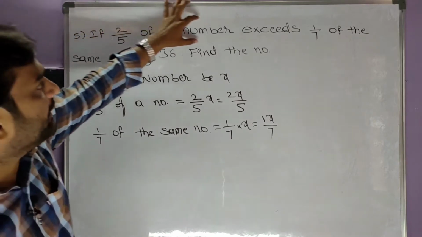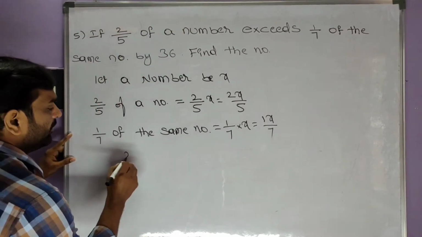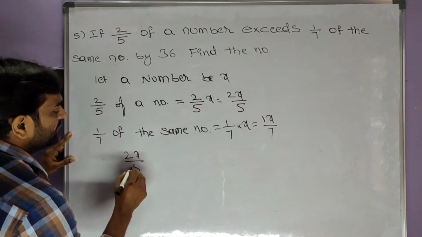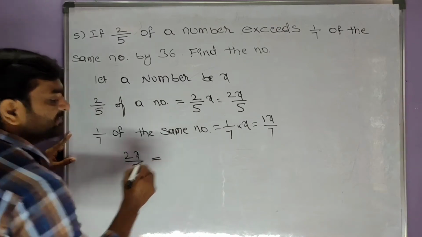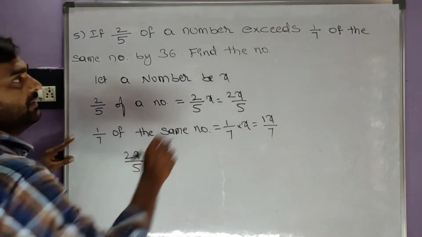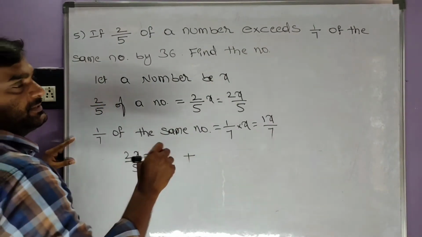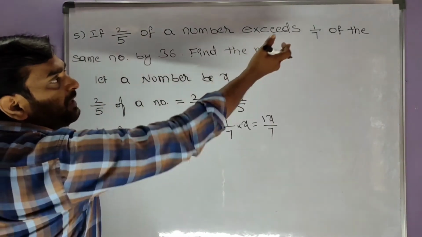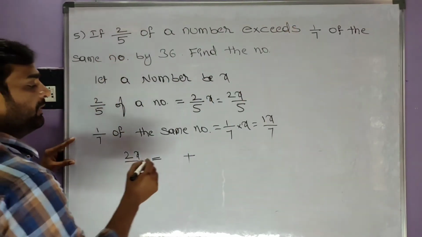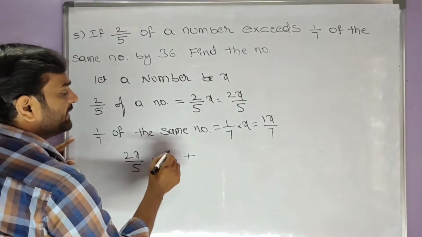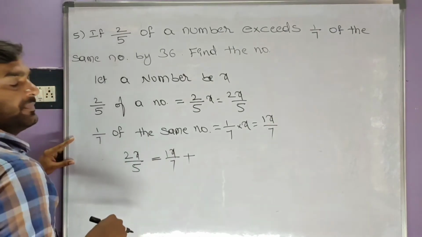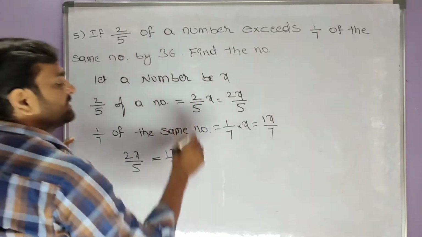If 2 by 5 of a number, that is 2x by 5, exceeds, meaning plus, more, increase, 1 by 7 of the same number, which is 1x by 7, by 36.